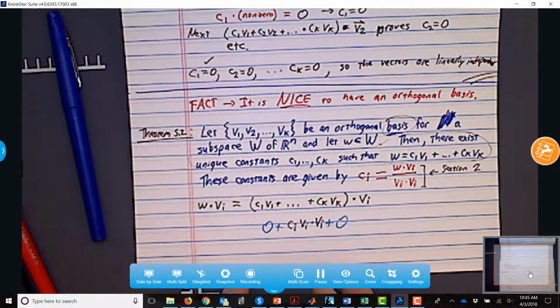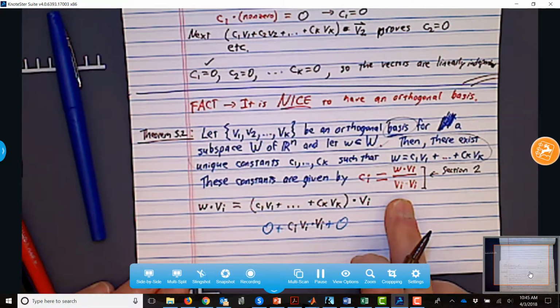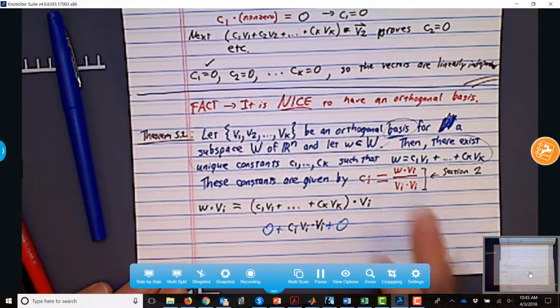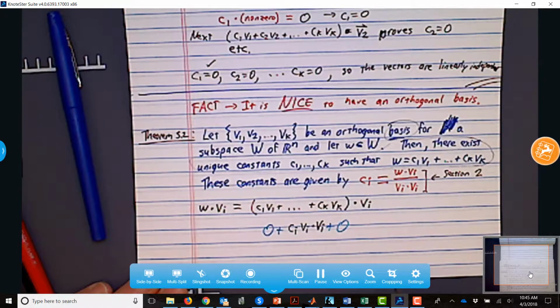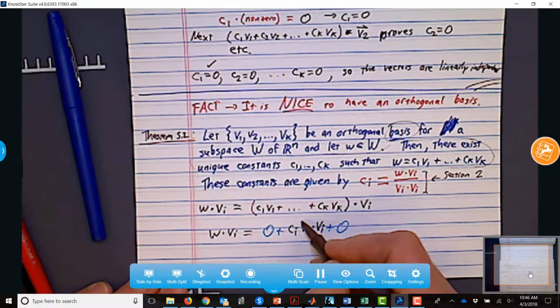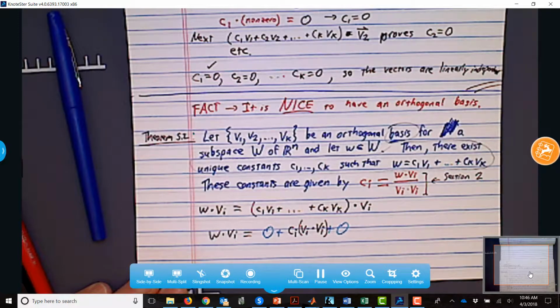Now again, what I was trying to do is come up with this red formula. We almost have it now. What's the only thing you have to do to get the red formula? Here's my equation. w dot vi is equal to Ci times the dot product vi dot vi. Now, can I divide by that? You always have to check that you're not dividing by 0.